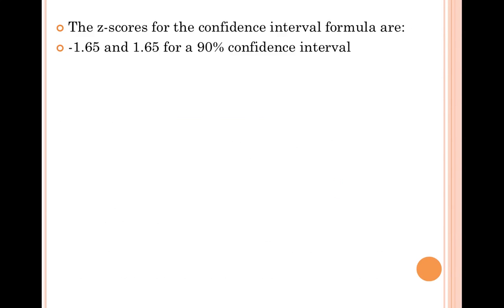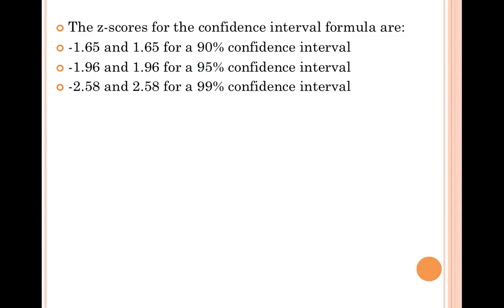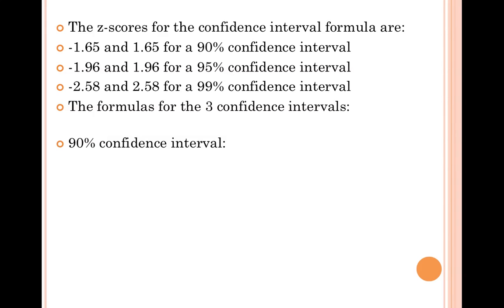Okay, so for a 90% confidence interval, the z-scores are negative 1.65 and positive 1.65. When asked to construct a 95% confidence interval, you're going to use z-scores of negative 1.96 and positive 1.96. When asked to construct a 99% confidence interval, you'll use z-scores of negative 2.58 and positive 2.58. And so the formulas are as follows. The 90% confidence interval, as we saw on the previous slide, is this one.